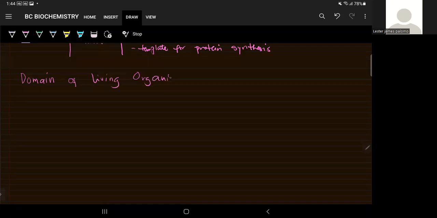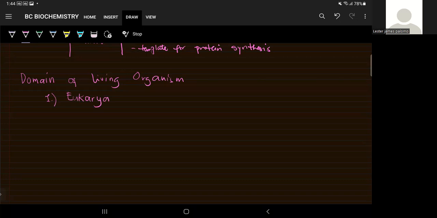We have three domains of living organisms. Number one is your eukarya, which pertains to those of eukaryotic cell organisms.